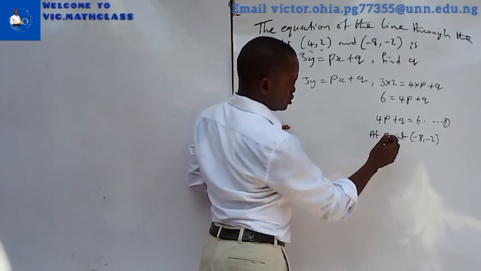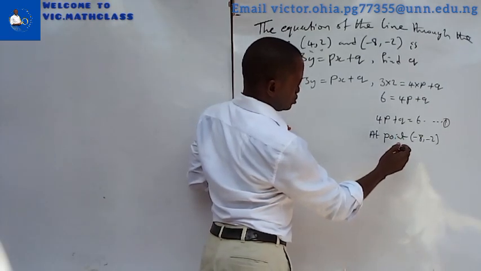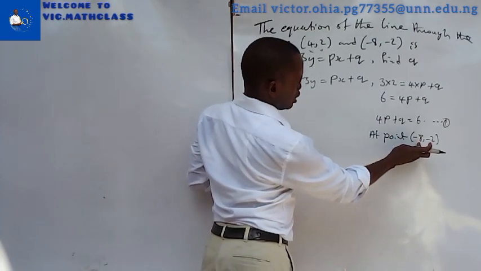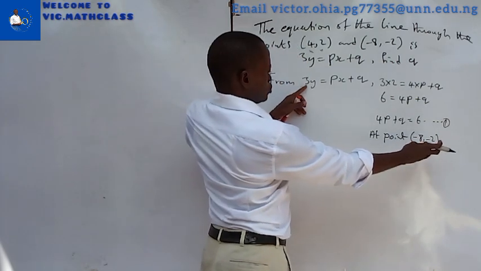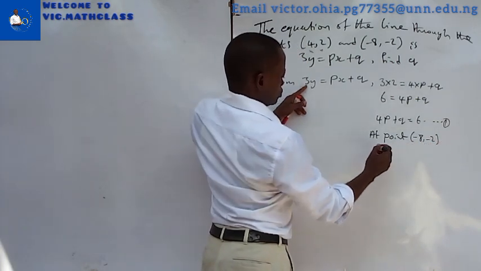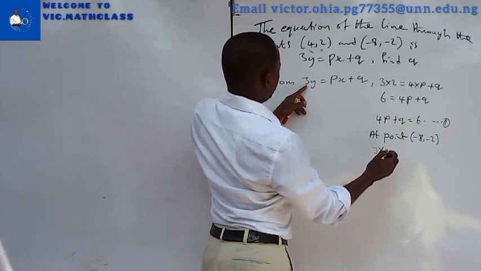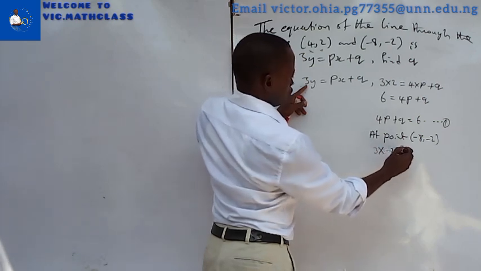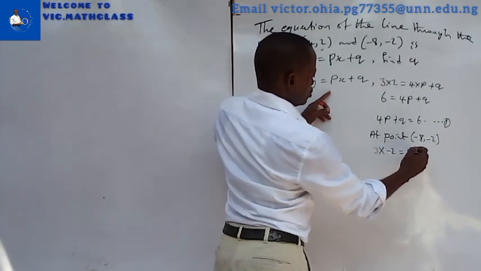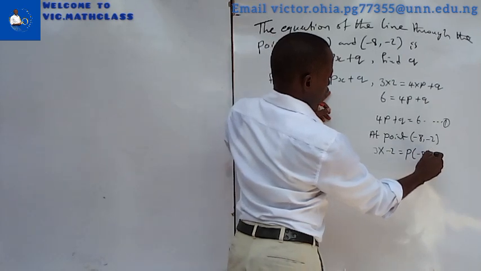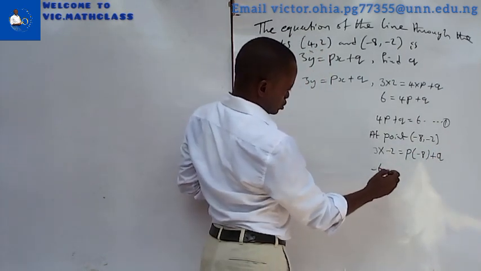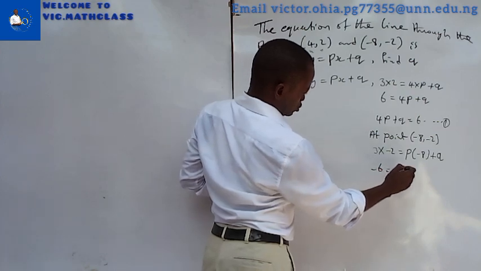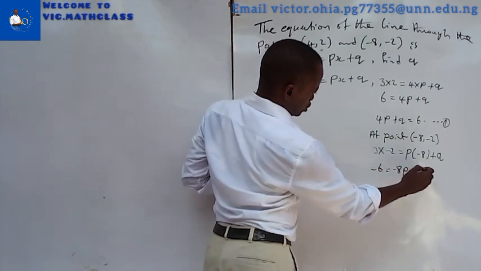That's the essence of that introductory class. So at that point, this is x, this is y. I can go back to the equation and put 3 multiplying -2 equals p multiplying -8, then plus q, so that I have -6 equals -8p plus q.